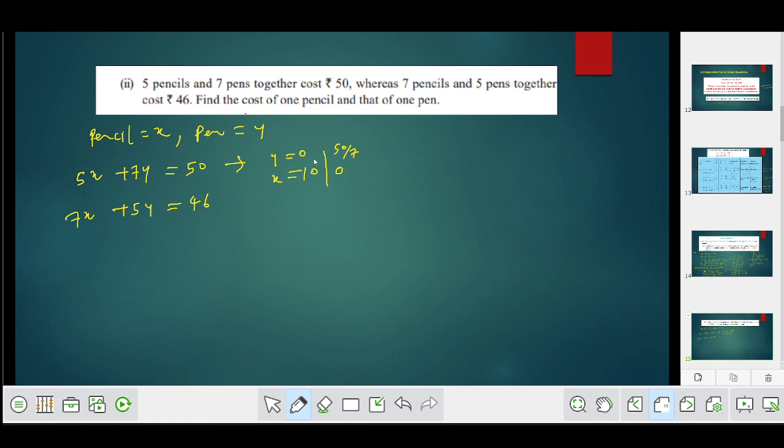Okay, then we should solve these equations. If we put y equal to 0, we can get x equal to 46 by 7.